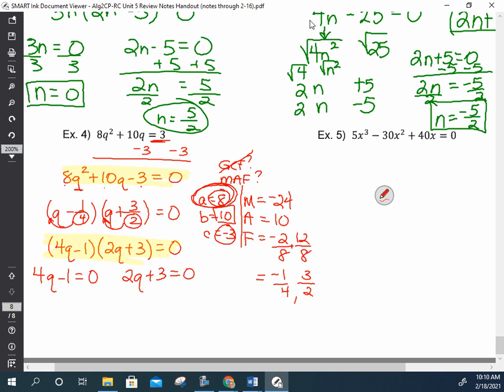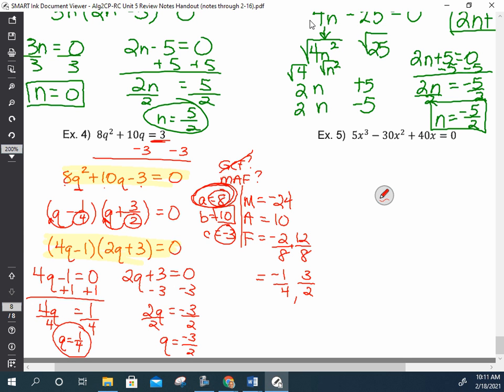And then the fourth step is to solve it. So q equals 1/4. And q is equal to -3/2.